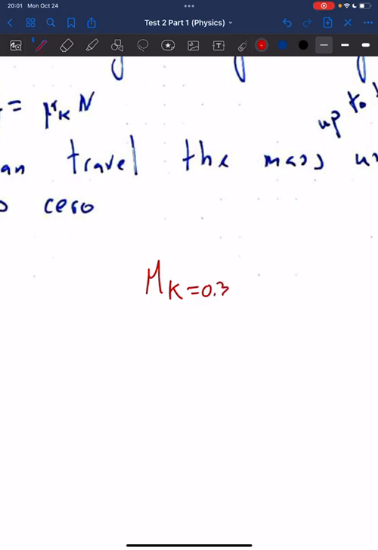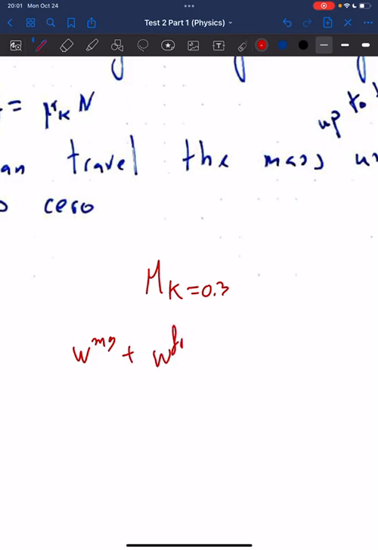So we're using mg and the friction force. Yes, we are going to add it.